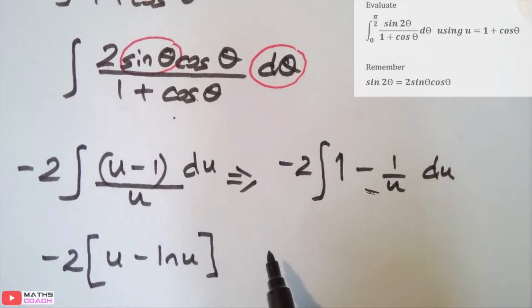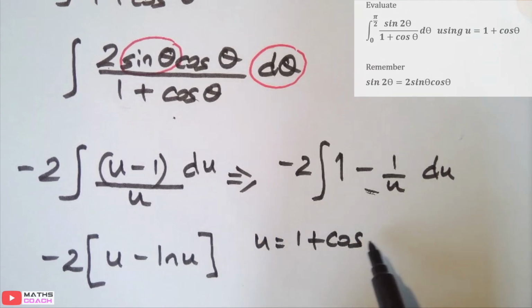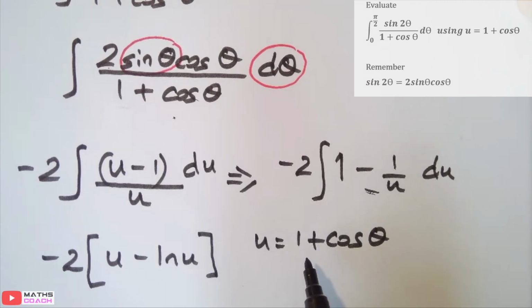Let's look at our substitution again. u equals 1 plus cos theta. When we put in our upper limit of pi over 2, cos of pi over 2 is 0. 0 add 1 is 1, so we have a limit of 1 there. For a lower limit of 0, cos of 0, as you know, is 1. 1 add 1 is 2, and we can put a limit of 2 there.